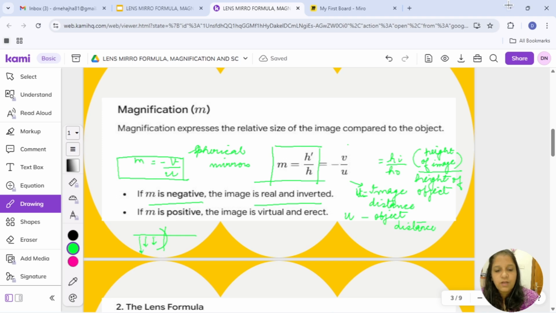And as it moves away, it increases in size. So the image which is formed below the axis, here you will find the value of m as negative and the image will be real and inverted. If the value of m is positive, then the image will be virtual and erect.